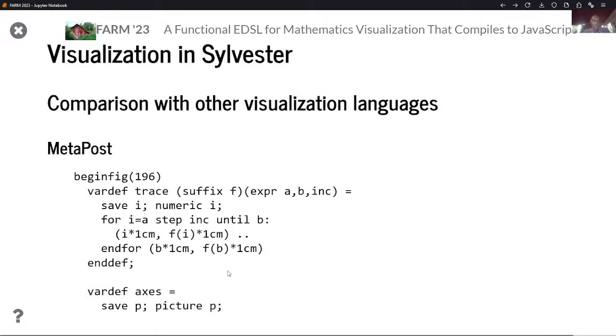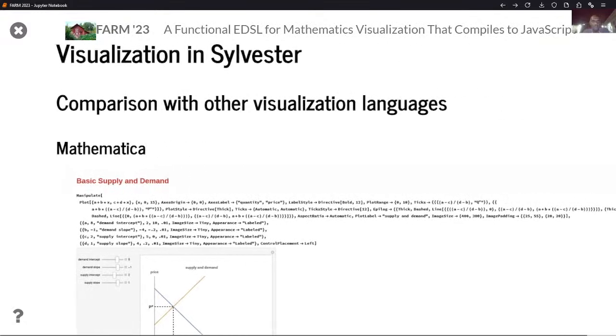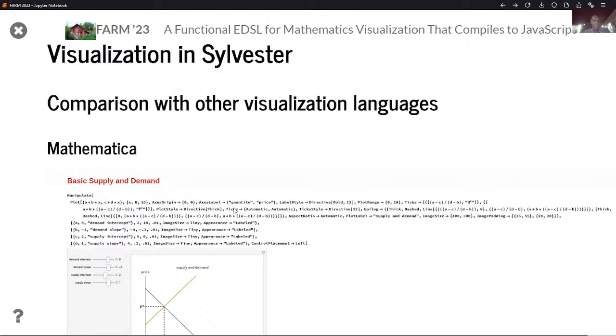And of course, Metapost is a really powerful visualization language for creating typeset static documents, but it's not really designed for interactive use. And Mathematica is a really popular commercial computer algebra system. It doesn't take very long to create a visualization like what we saw.